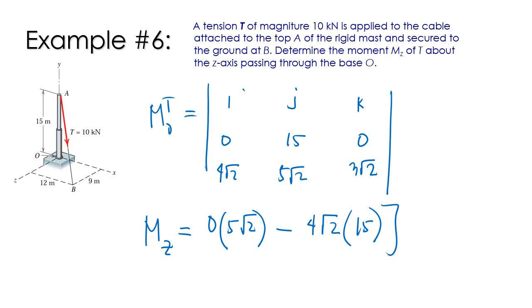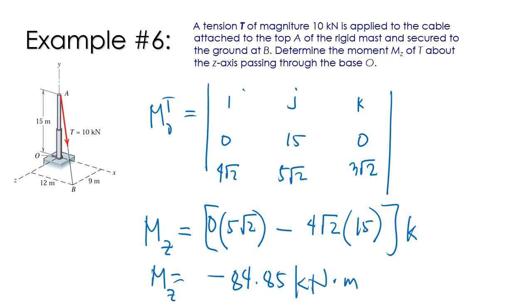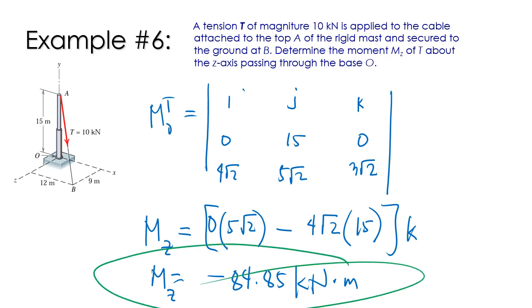Then this is k. So our Mz is equal to negative 84.85 kilonewton meter. And that is our answer. And that's it.